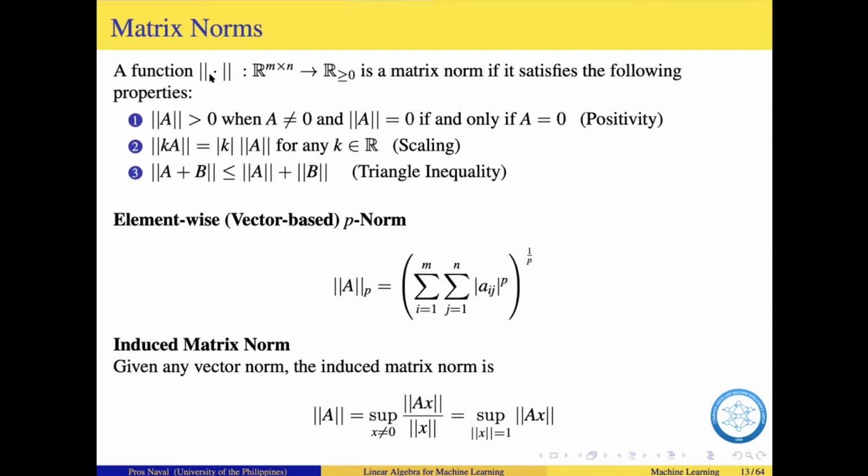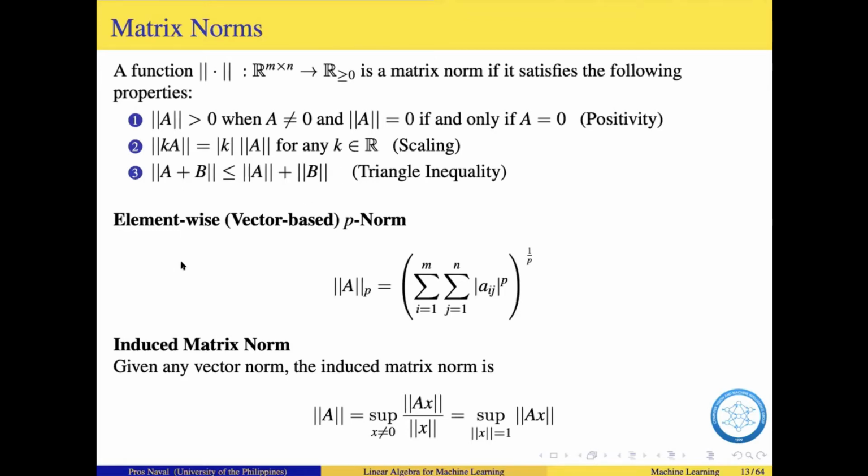A function denoted by double bars, mapping an m by n matrix of reals into a non-negative real number, is a matrix norm if it satisfies the following properties: positivity, scaling, and the triangle inequality.